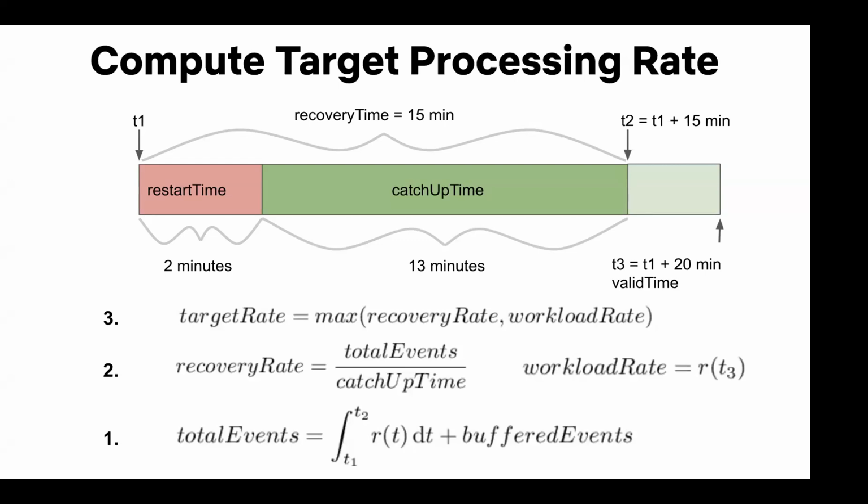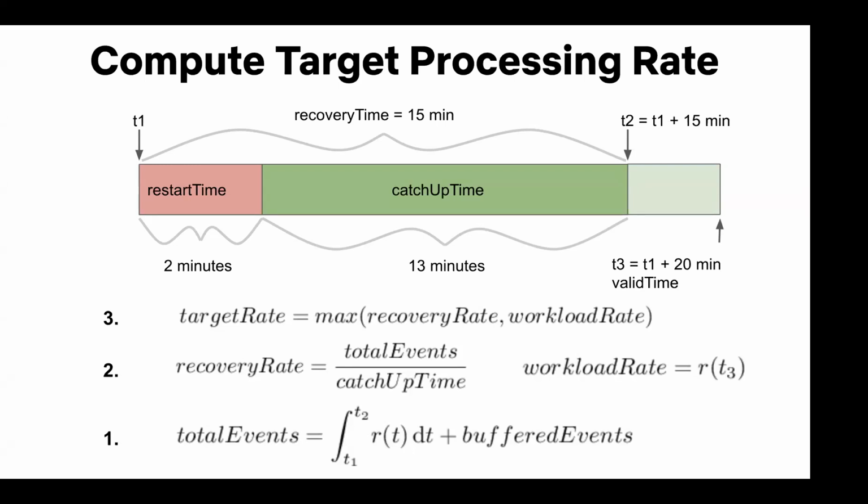Now we can compute the target event rate by first computing the total number of events by using our regression function and these time periods we've defined. The total number of events that we're interested in is the number of events that the router will need to process over the restart time and catch-up time.